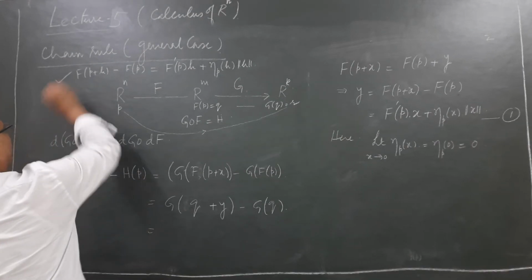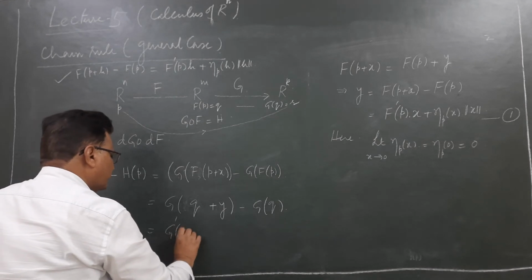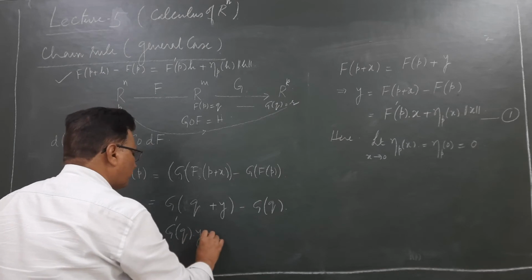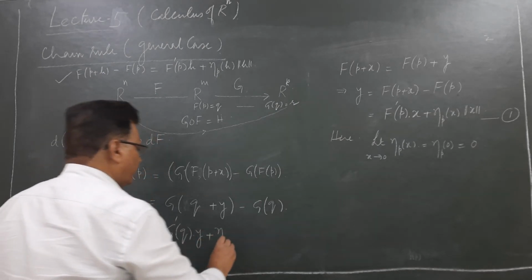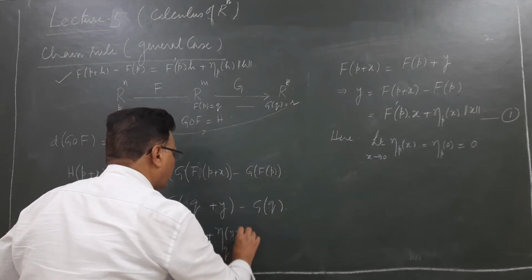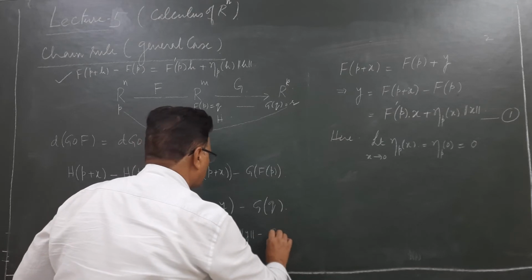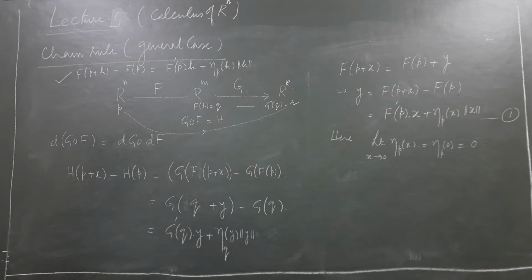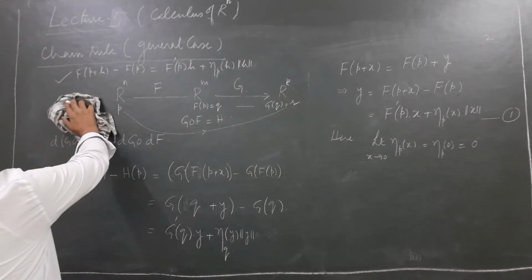This is my definition. So this will be equal to g dash q into y plus some eta q at y into norm of y. Now let me write down the values.